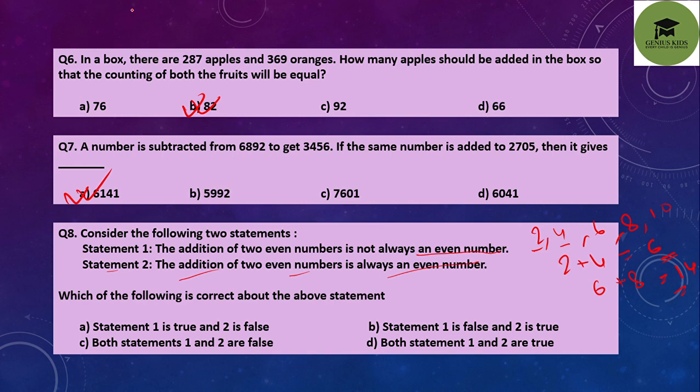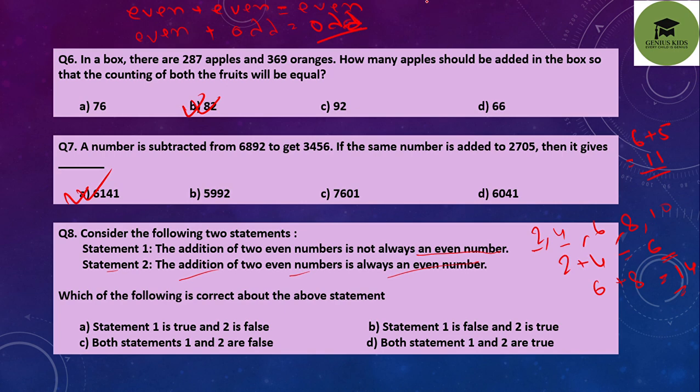Now, there is a property that when any two even numbers are added, then the summation will always be even. But in case there is an even plus an odd number, then what will be the result? Let's check it. Suppose the even number is 6, the odd number is 5. So the answer is 11. 11 is an odd number. So if we add one even plus one odd, the sum will always be odd.